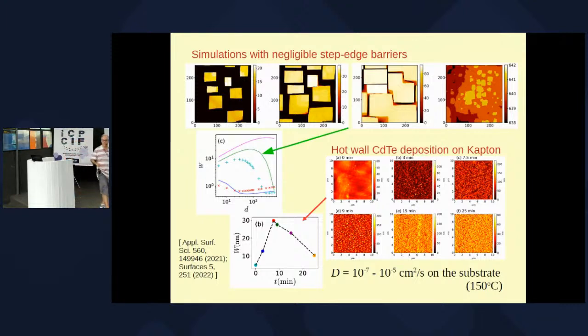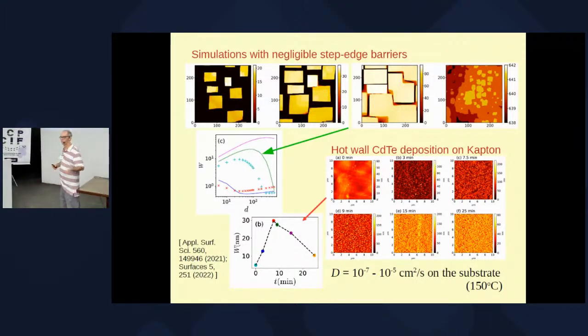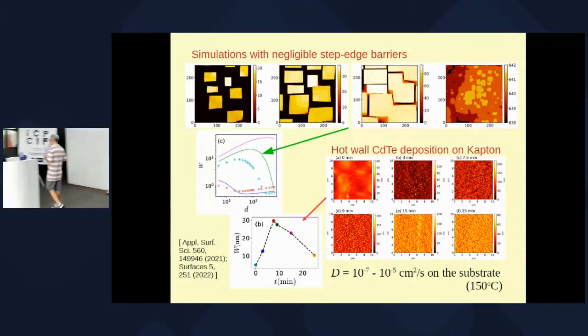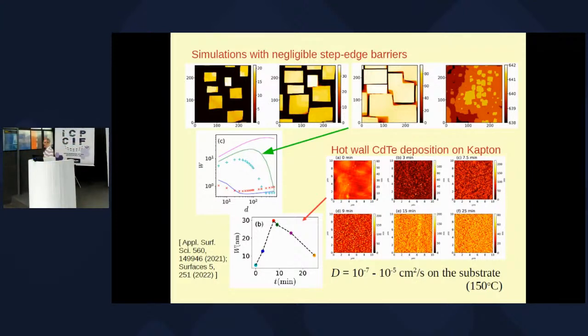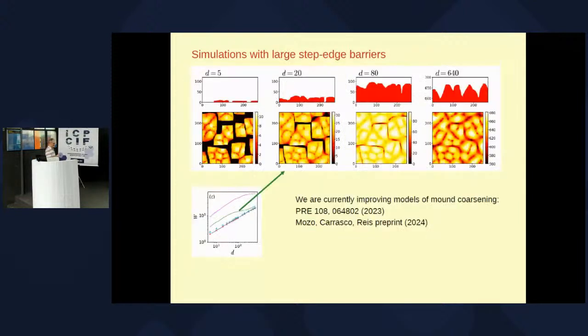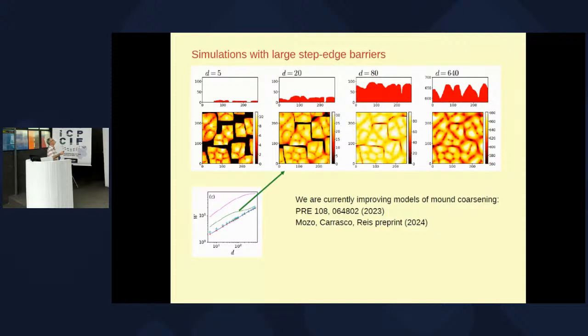Usually, from these approaches, one thing that we can usually measure is the diffusion coefficient of atoms or molecules in the relevant experimental conditions. Then we also made simulations with large barriers at step edges, and in this case, we also see the formation of large islands in the beginning of the process, their coalescence, but in the coalescence, we only see a plateau in the roughness, and after that, the roughness continues to increase because there is formation of mounds.